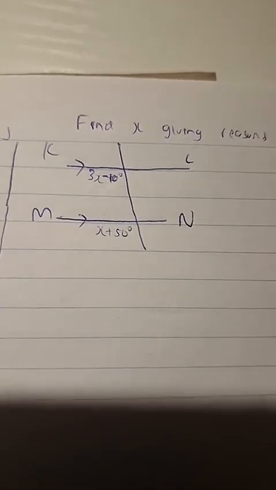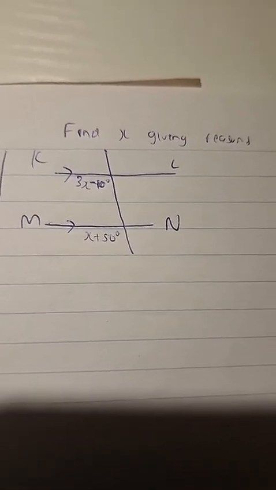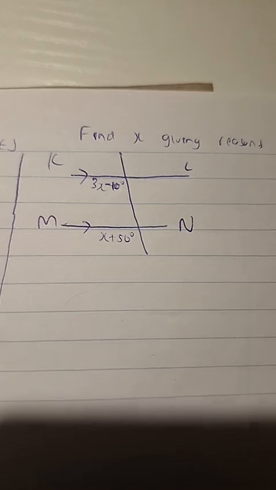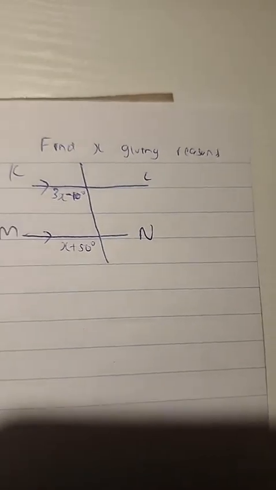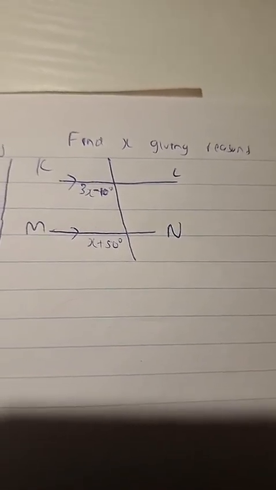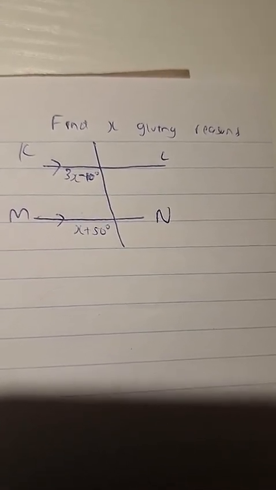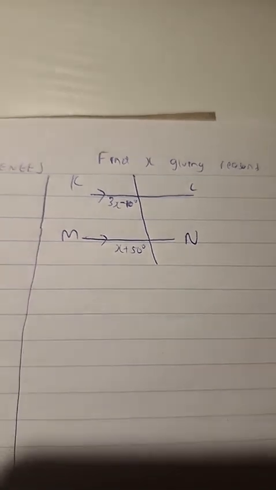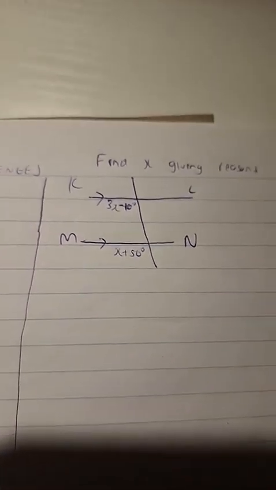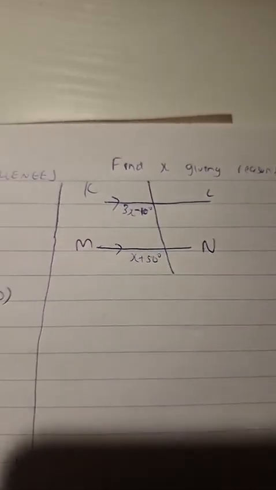Okay, Baby Goms has a comment there in the comment section. I'm sure you guys can see it. Baby Goms says 3x minus 10 is equal to x plus 50. Okay, I see what you've written. I'm just curious as to why you wrote what you wrote down.